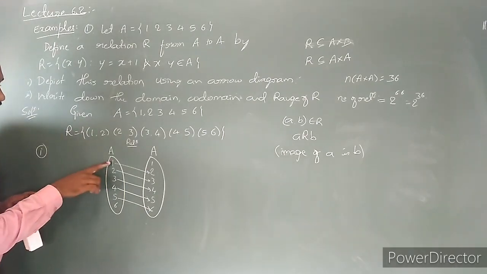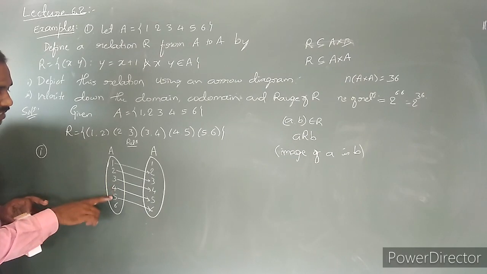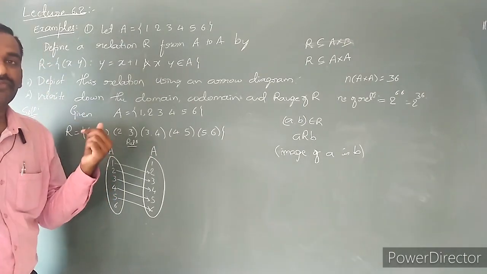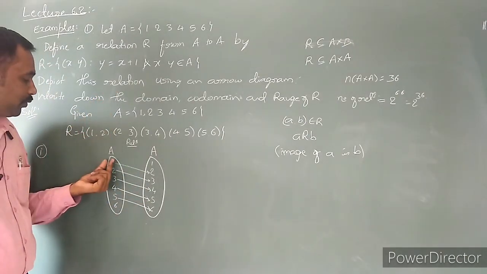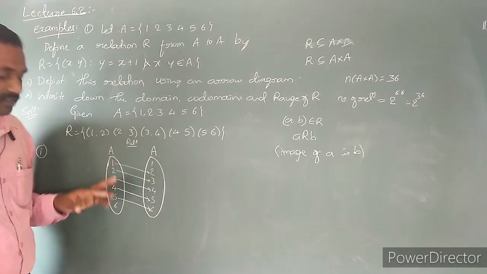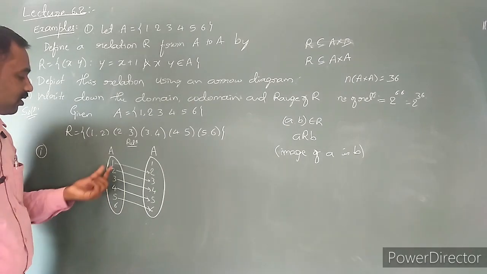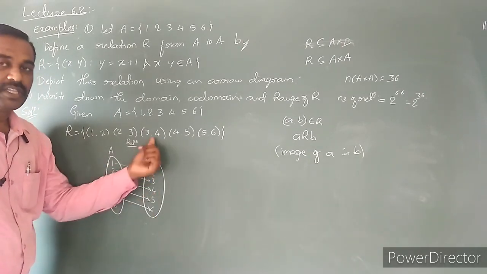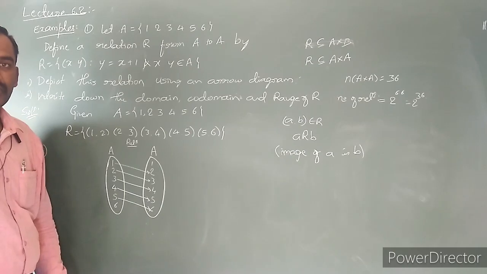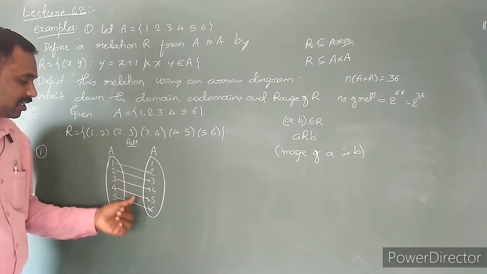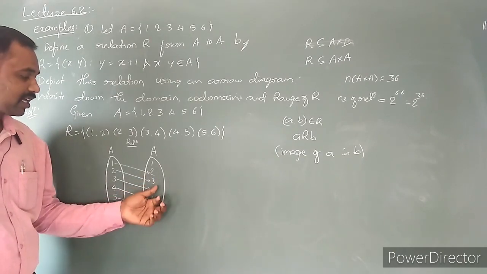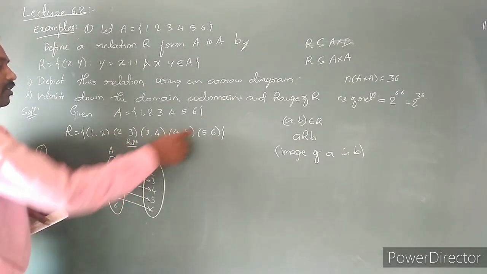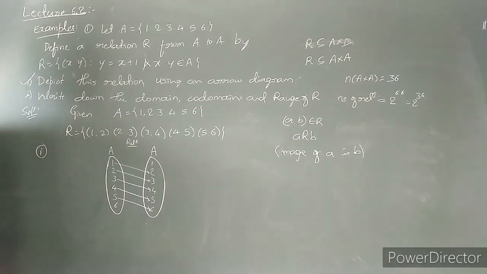Now we know the domain. Domain means the elements that have images. Those elements are the domain. The codomain is the whole set. The elements that are images, the ones that are related, form the range, because it is the second element of the ordered pair. We can write 2, 3, 4, 5, 6. Okay, the arrow diagram is over.